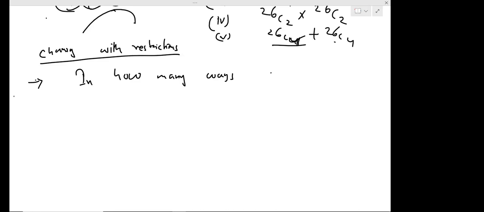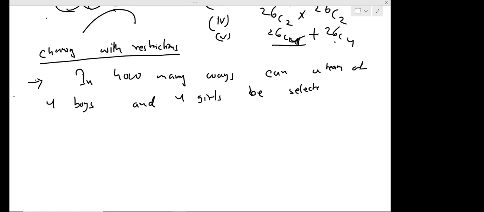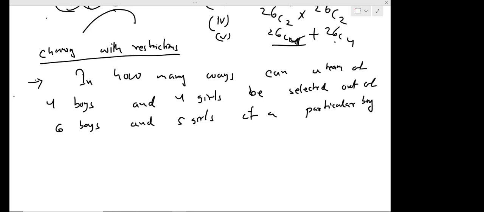In how many ways can a team of four boys and four girls be selected out of 6 boys and 5 girls if a particular boy and a particular girl refuse to work together?